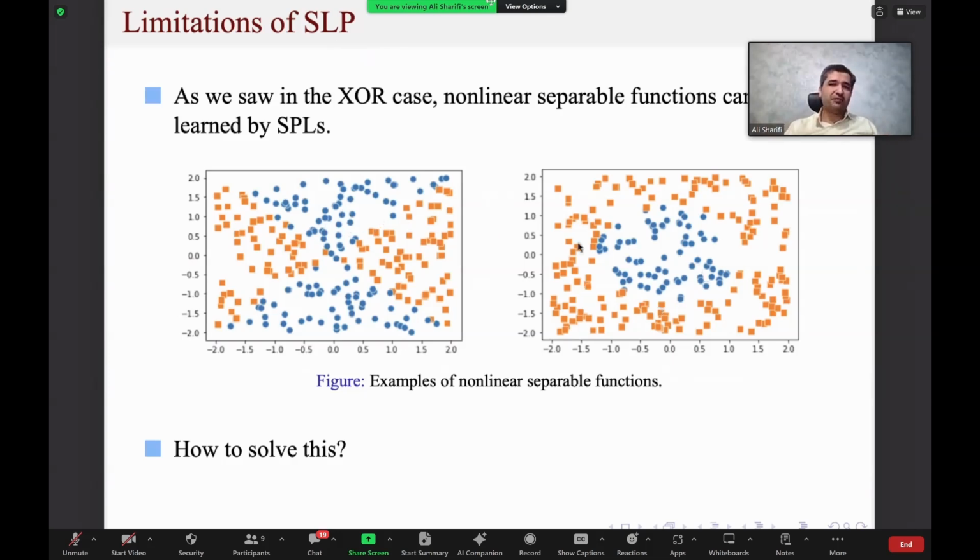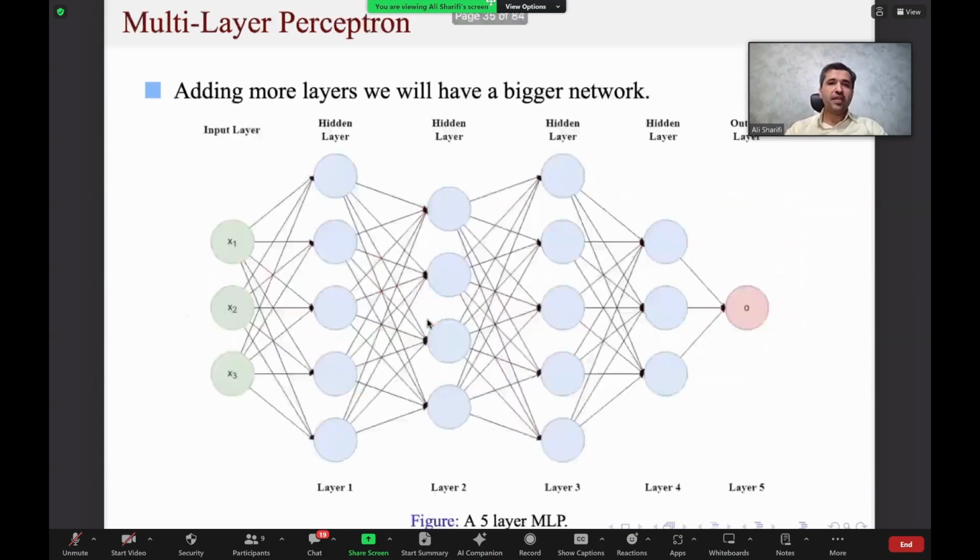For example, it's very hard or impossible to do many of these classifications whenever we do not have a line that perfectly classifies all of the points of two classes. So to solve this, we increase the number of layers. For example, this is called a multi-layer neural network, or simply a deep neural network. By deep, we mean there are many layers in our neural network.